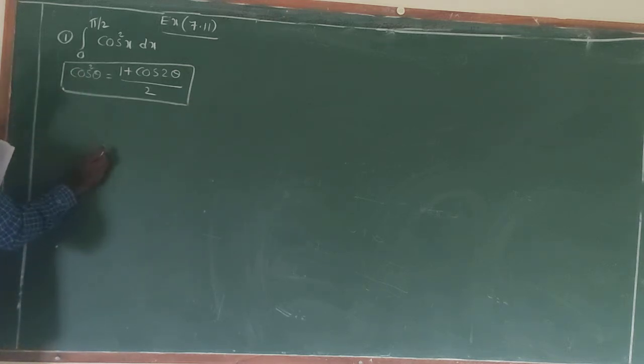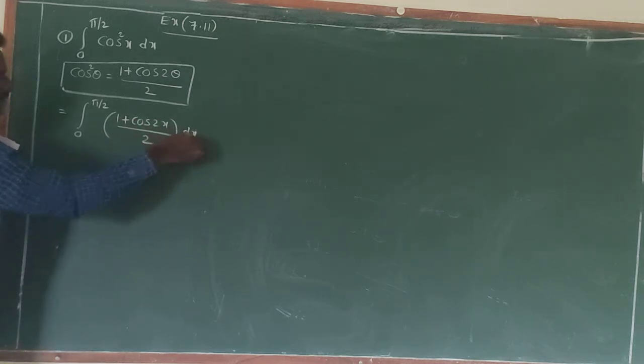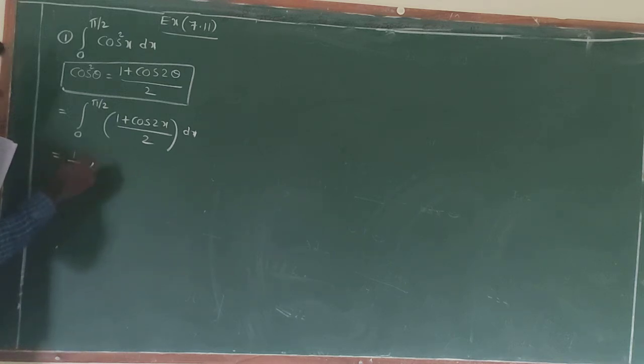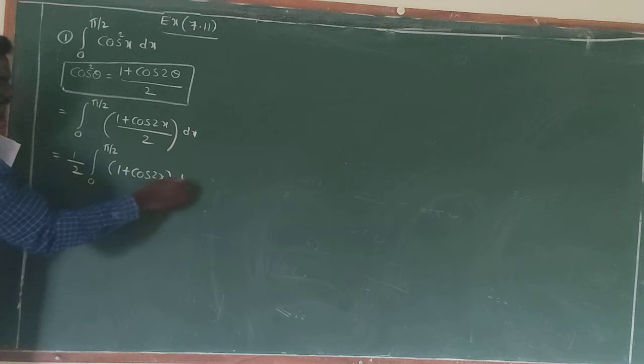I am applying this formula, that equals the integral from 0 to pi by 2 of (1 plus cos 2x) by 2 dx. So the constant 1 by 2 I will write outside. Now the integral from 0 to pi by 2 of 1 plus cos 2x dx.